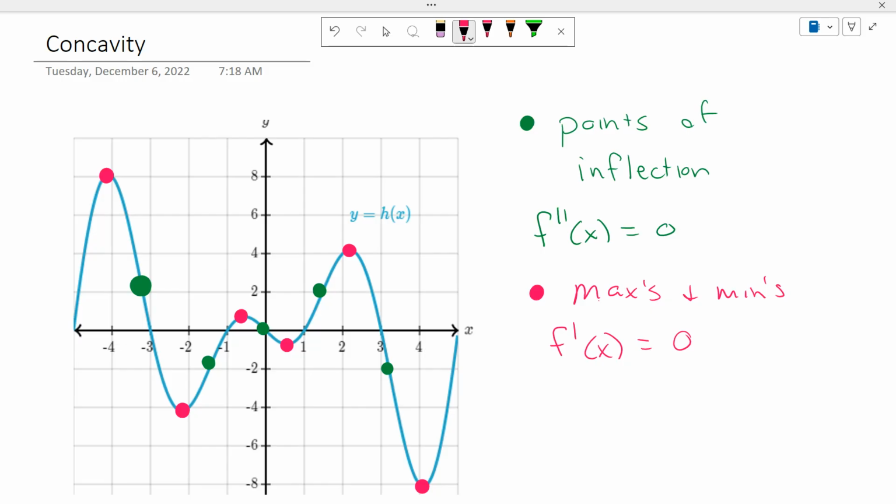So when you find where the first derivative is equal to 0, that's going to be a max or a min. Where you have the second derivative equal to 0, that's going to be a point of inflection where it changes concavity. Okay? So then you're going to test somewhere in between the points of inflection. When you do a test, if you take the second derivative and it's positive, then it's concave up.